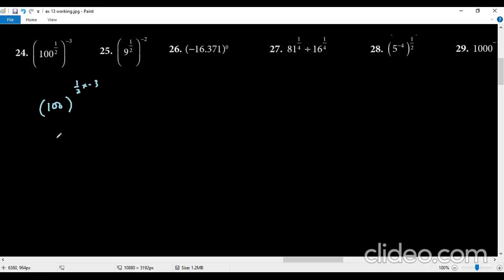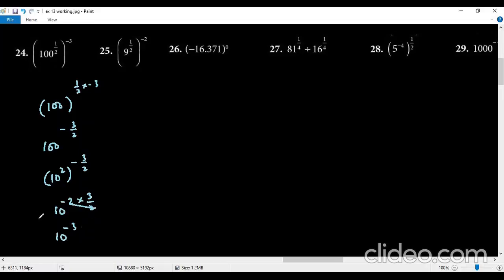That means 100 is going to be minus 3 over 2. That means I can write 10 square multiplied by 3 over 2. That also means 2 times 3 over 2. These two cancel. 10 negative 3 is going to be, that means 0.001.